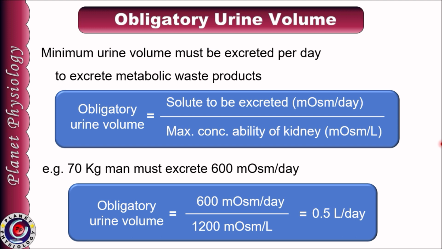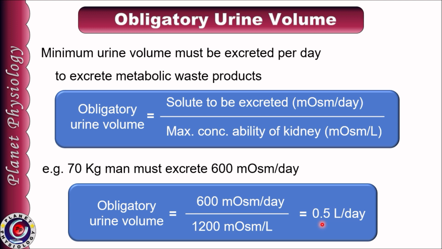So if you substitute the values, you get obligatory urine volume as 0.5 liters per day. This means man should form 500 ml of urine per day to excrete the metabolic waste products.